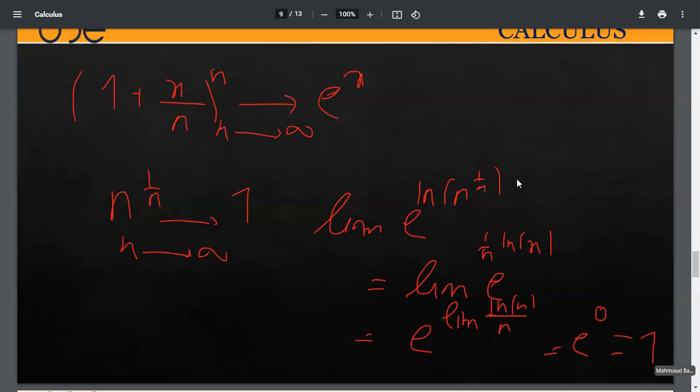So you see, in case of rule number 2, I changed its form from f of x to e power ln f of x, and then I used the method of composite functions and found the limit.